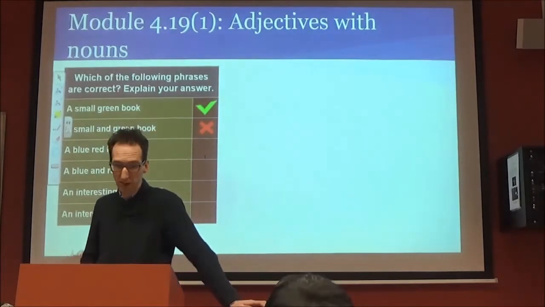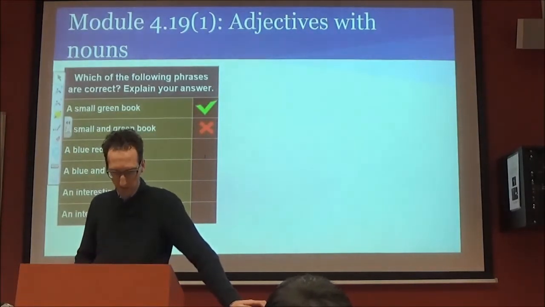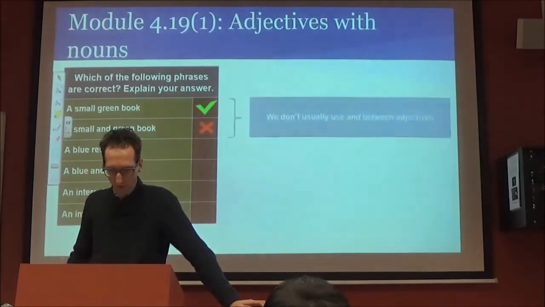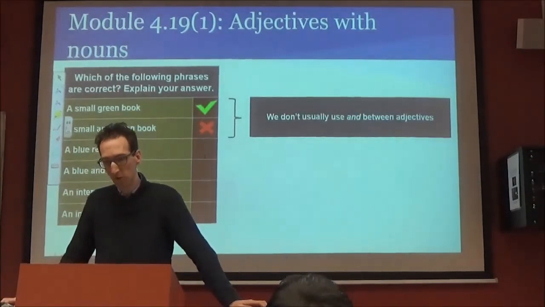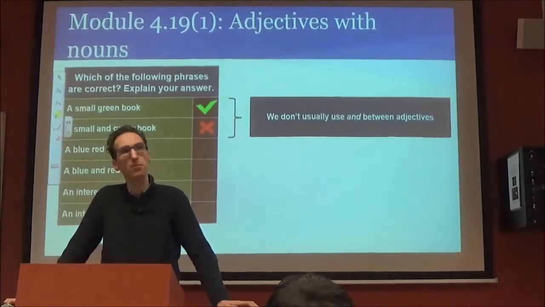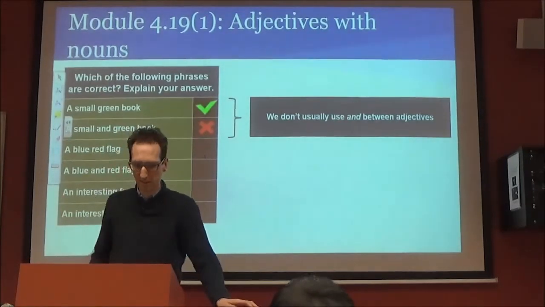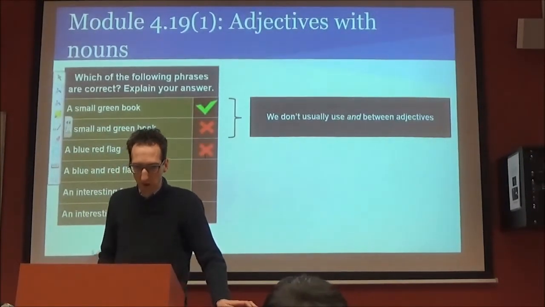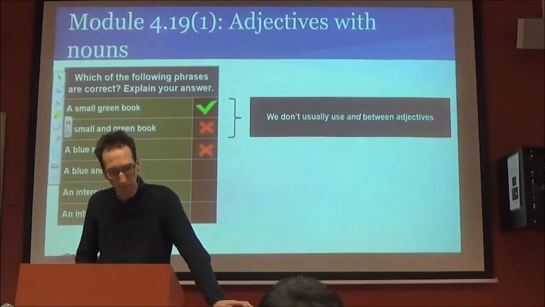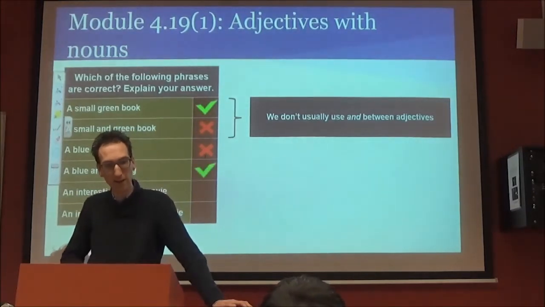Darcy's explanation was correct. I'm going to repeat that in a minute. First of all, we don't usually use and between adjectives, but there's an exception there. A blue red flag here is wrong, and a blue and red flag here is correct. Why?